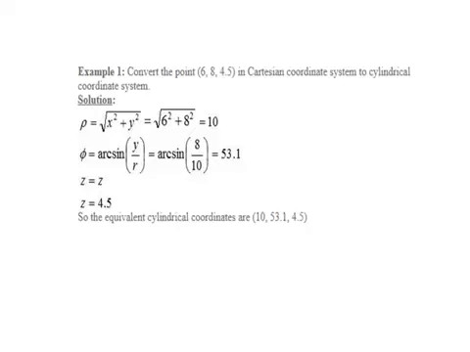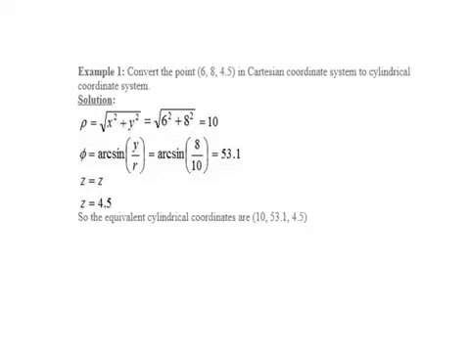So rho equals the square root of x square plus y square. Substituting the values of x and y, it gives rho equals 10. Similarly, for the angle theta, that gives sine inverse of y over r, where the value of y is 8.